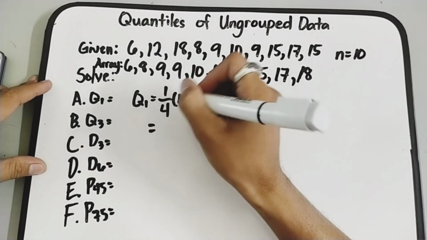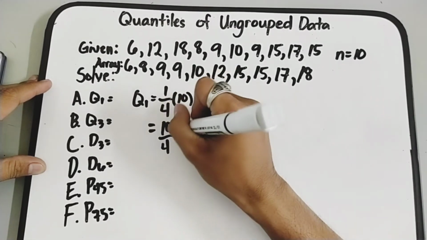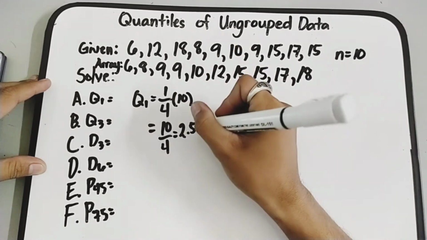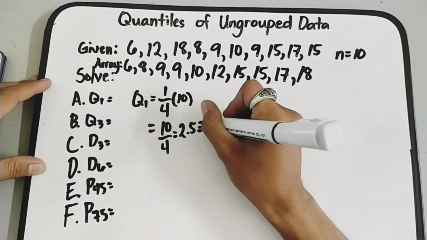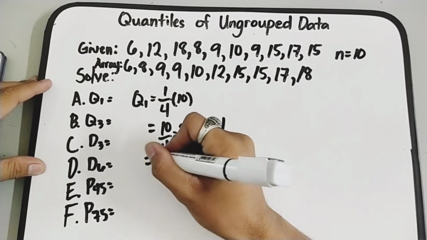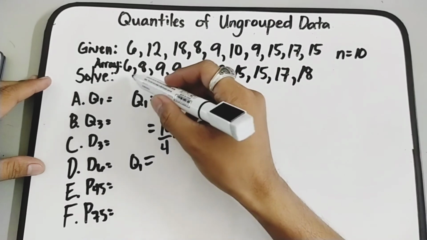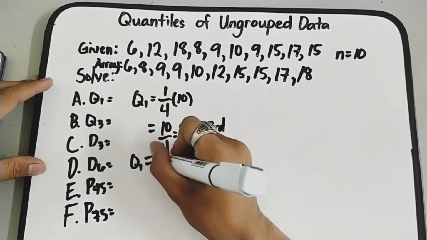So we have 10 over 4 is equals to 2.5. Okay? 2.5 is equivalent to 3 or 30. Therefore, our quartile 1, yung pangatlo, 1, 2, 3, it is 9.